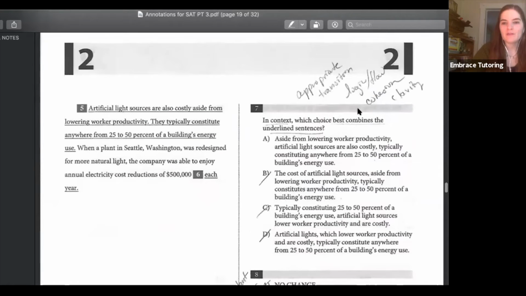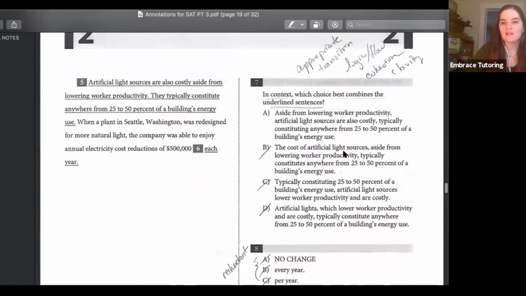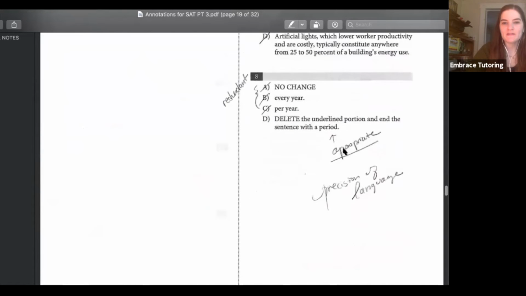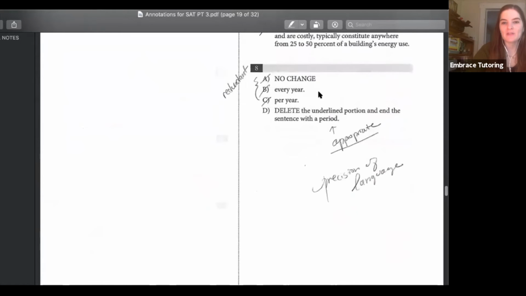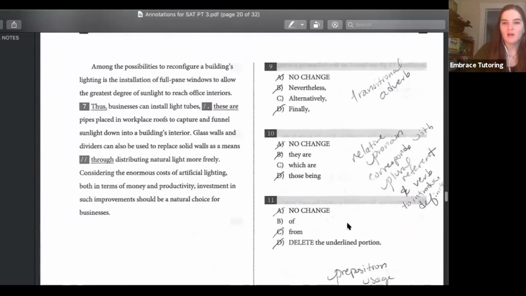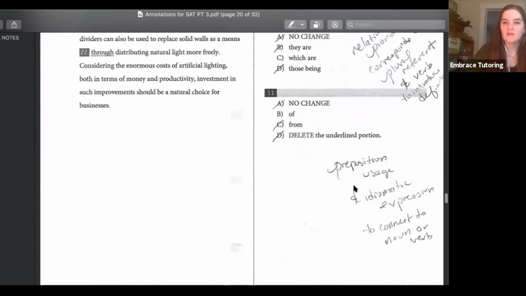Dealing with appropriate transitions, logic, flow, cohesion, clarity, redundancy. So identifying that something is basically being redundant versus what's appropriate, precision of language, transitional adverbs, relative pronouns corresponding with plural and referent, and verb to introduce definitives.